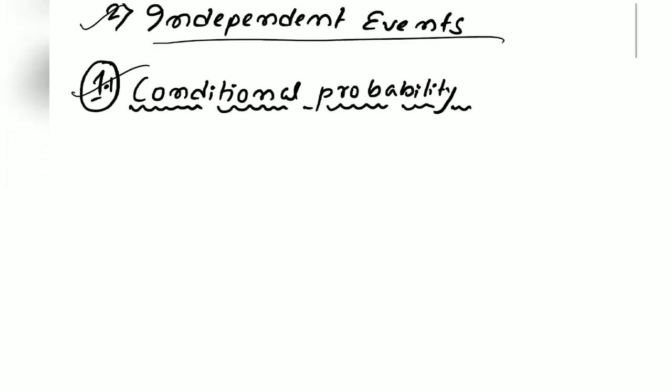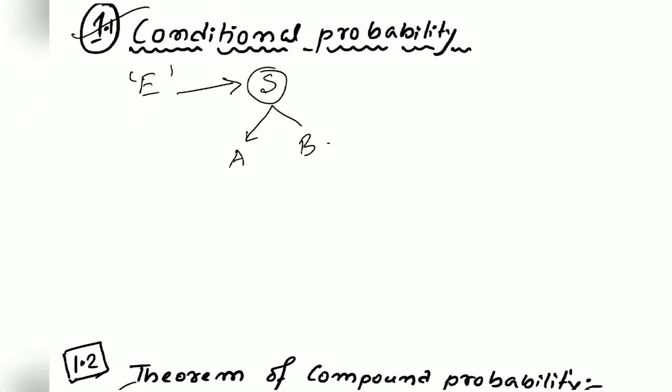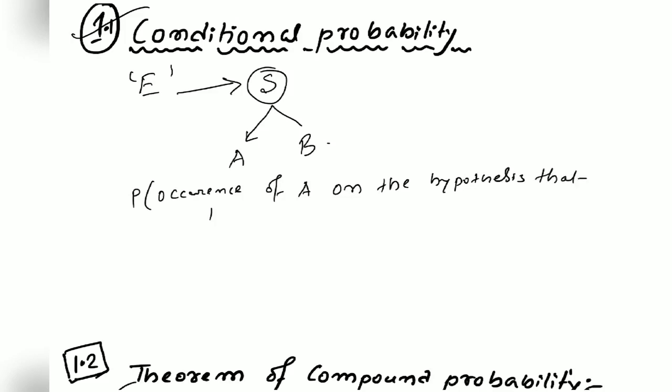Now say we are having an experiment E in which we are having a sample space S. Obviously, if we are having a sample space S, then we are having two events from this sample space, A and B. Now the probability of occurrence of A on the hypothesis that B has occurred.